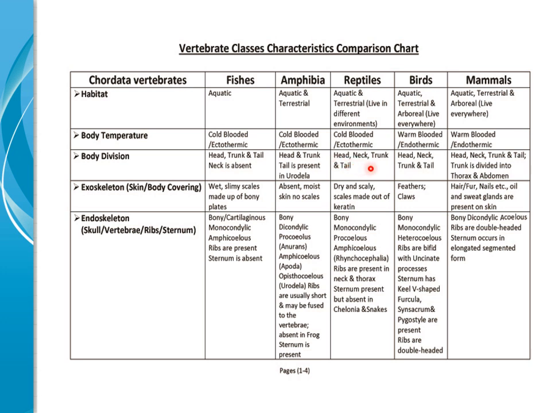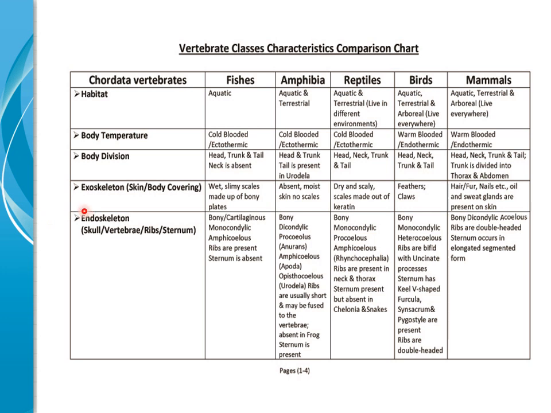In reptiles, the body is divisible into head, neck and tail. The body of birds has a head, neck, trunk and tail. Mammals' body is divisible into head, neck, trunk and tail, and their trunk is further divisible into an anterior thorax and posterior abdomen.